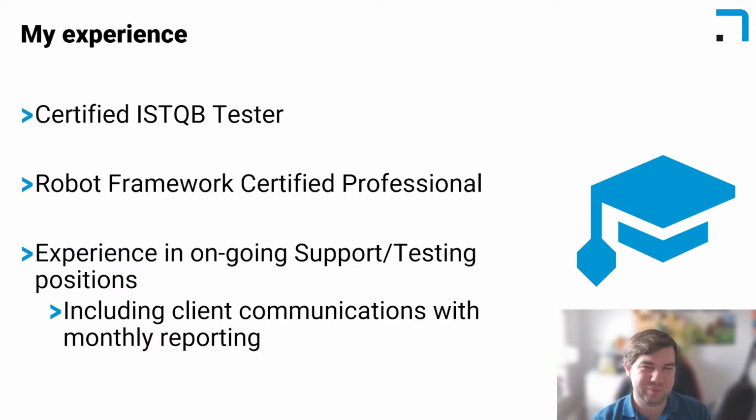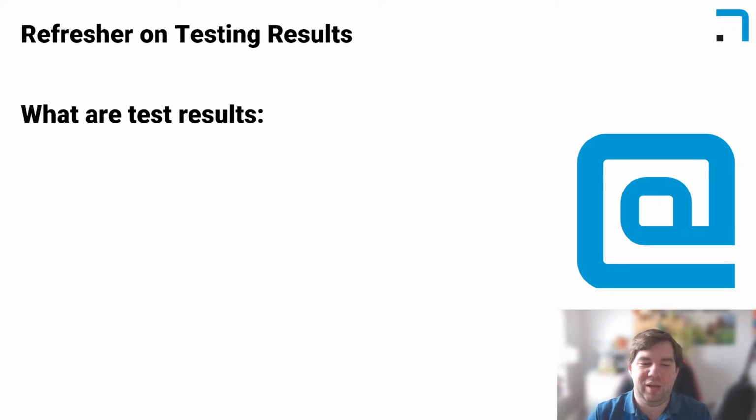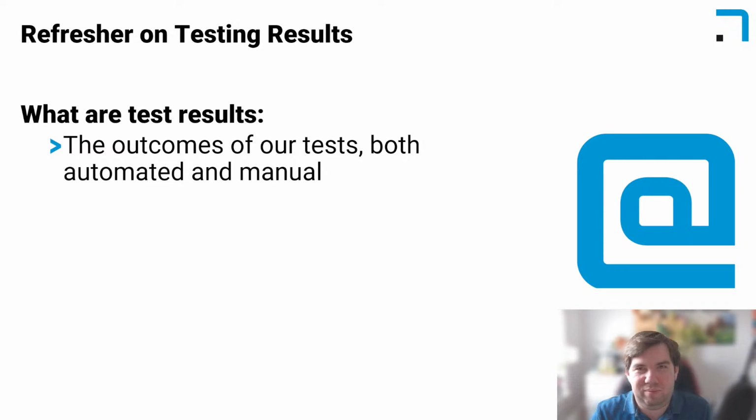But first, what are test results? These are the things that we're actually communicating to the clients. And simply put, as the name implies, they're the outcomes of our tests, both from an automated sense and a manual sense.